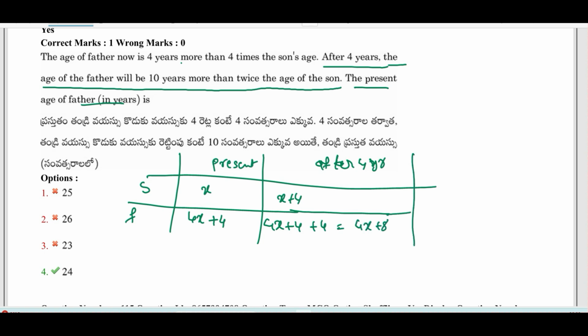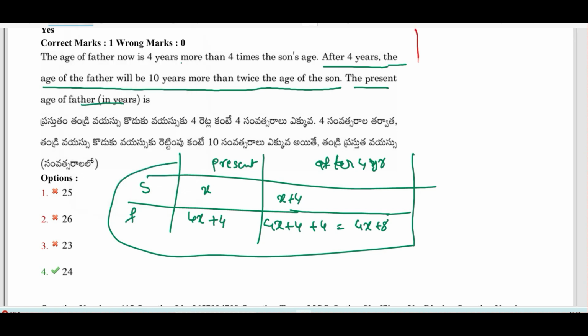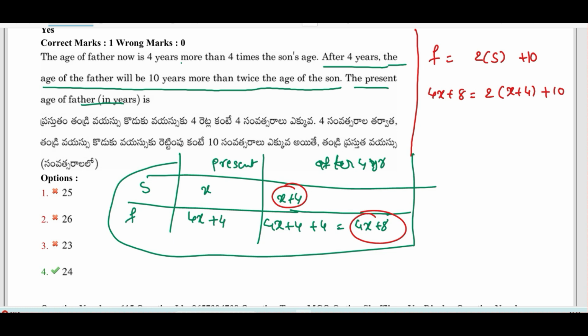And here we are given the relation between their ages after 4 years. As per the question, after 4 years, the father's age is 10 years more than twice the son's age. So the father's age after 4 years, 4x plus 8, is equal to 2 times the son's age after 4 years, that is x plus 4, plus 10.